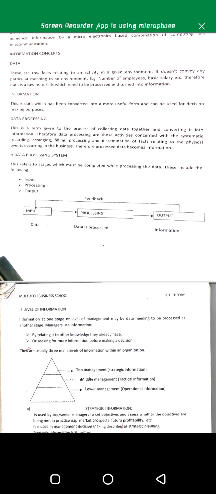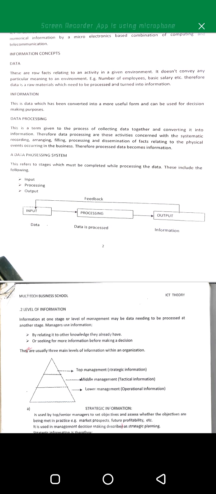Therefore, data processing refers to those activities concerned with the systematic recording, arranging, filing, processing, and dissemination of facts relating to the physical events occurring in the business.